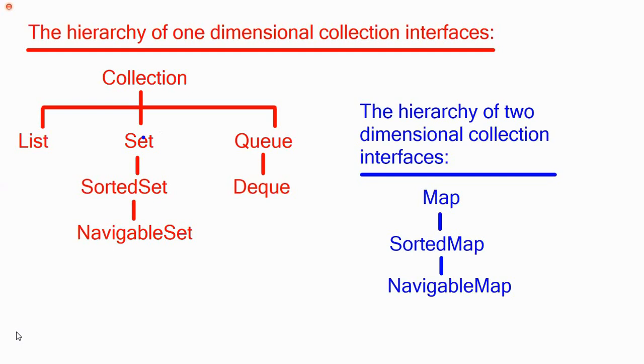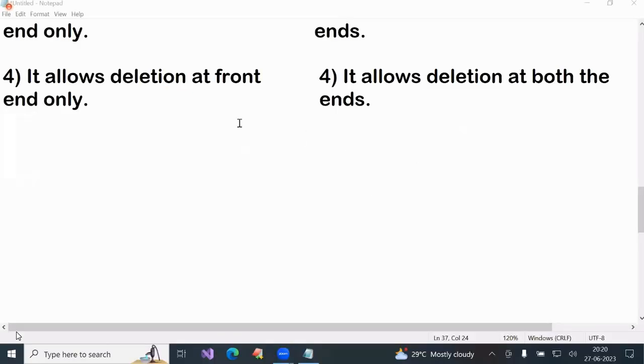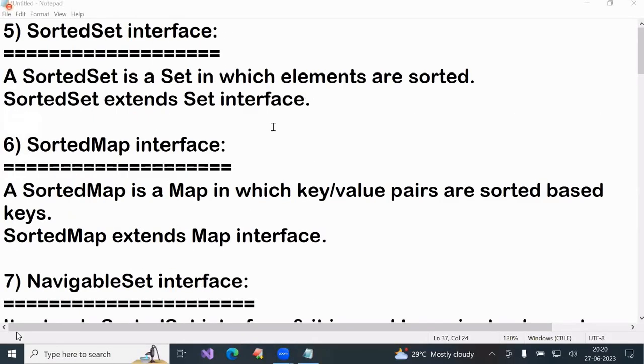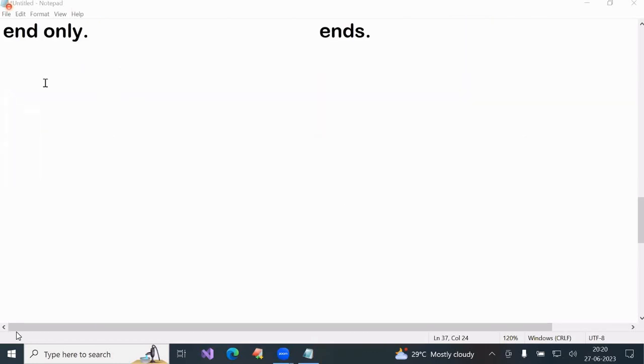Yes. Using Deque interface reference, can I call Collection methods? Yes. Using Queue reference, can I call List methods? No. Super interface methods you can call. There is no relation. And reverse also not possible. Sub interface not possible. For that purpose the hierarchy is required. This is about the one-dimensional collection and two-dimensional collection hierarchy.